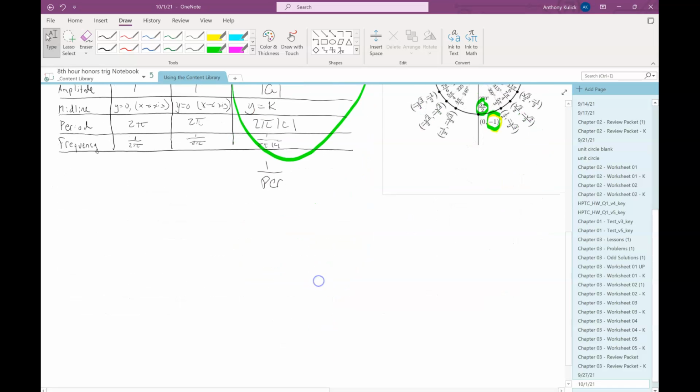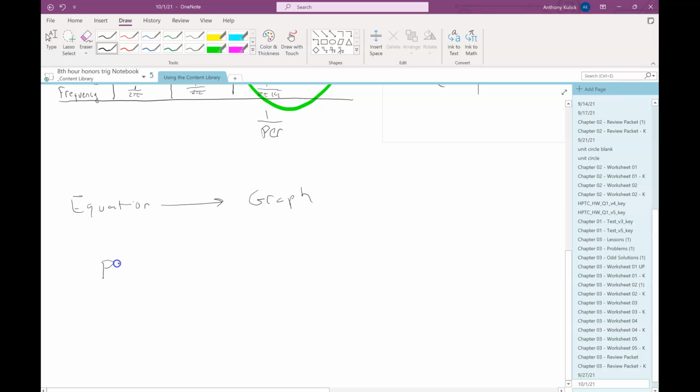So the next thing we want to do is talk about, okay, how do we graph an equation then? So we're going to take an equation and want to generate the graph.